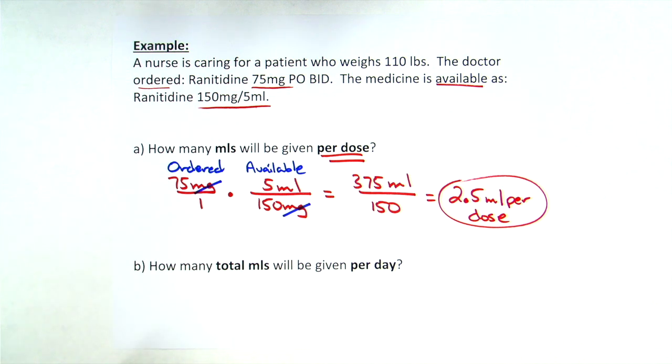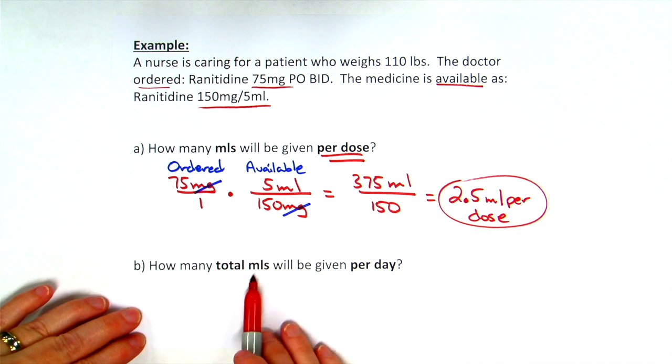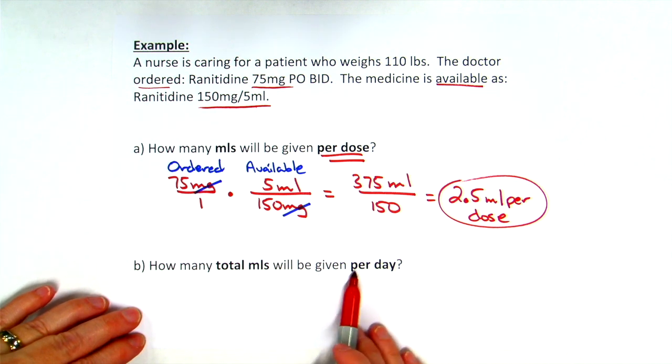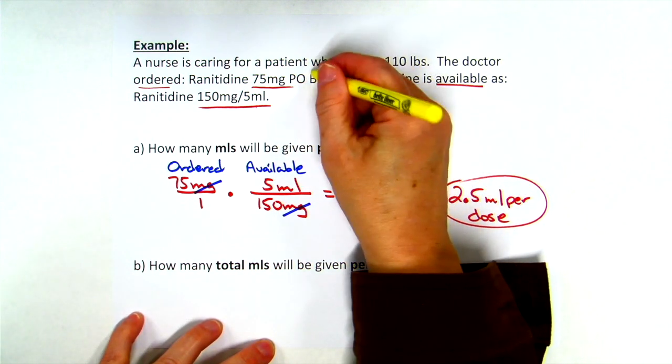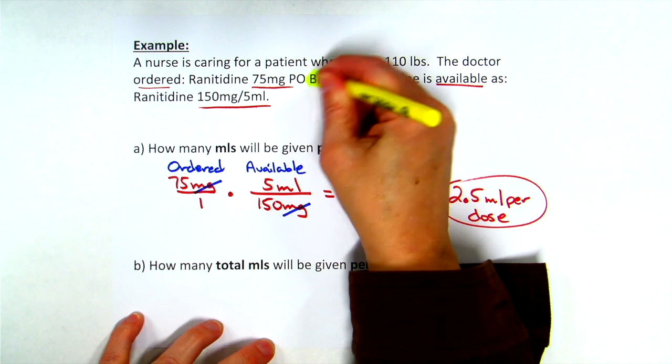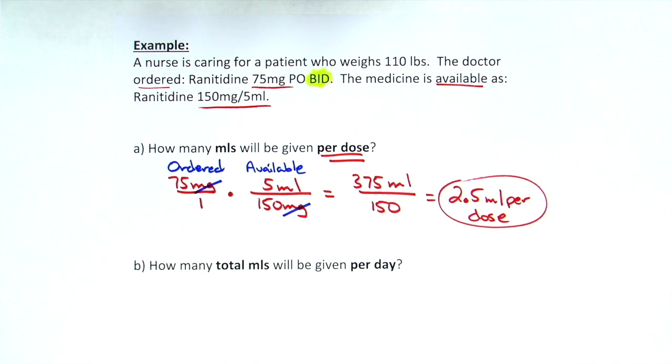All right, now let's take a look at this. How many total milliliters will be given per day? Now for that, this is where you have to have this BID memorized. You've got to know what that abbreviation is. That abbreviation is twice a day, 2 times a day.